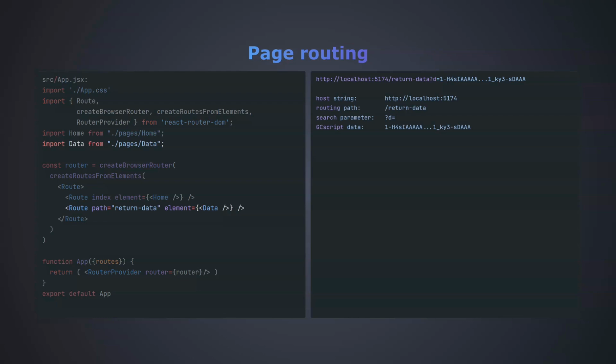As you can see here in the app.jsx, this is added in this way. And as you can see here, we add a new route called return data, which allows you to do a different action on a different return path. So the return data will go to the data page.